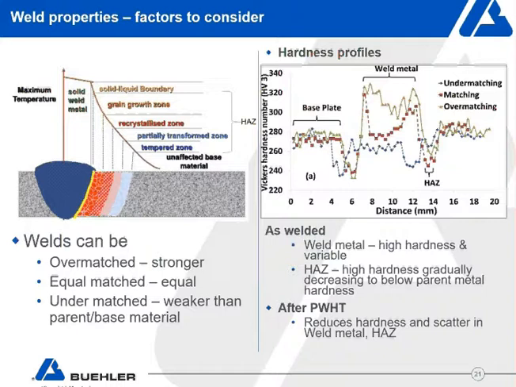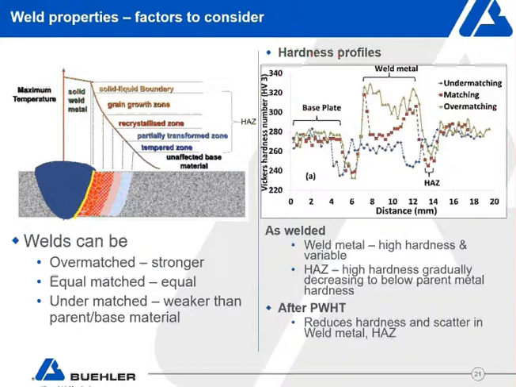The schematic chart on your top right illustrates the hardness profile you typically get. Starting from the base metal, you may have similar hardness, and as you get into the heat-affected zone, you can have a drop or an increase all the way up to the weld metal. And this just illustrates the conditions of a matched weld and an undermatched weld.